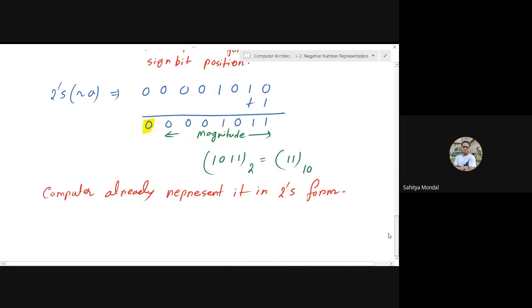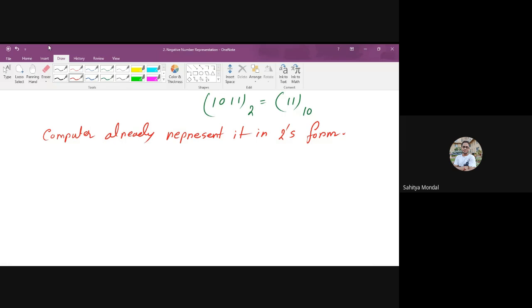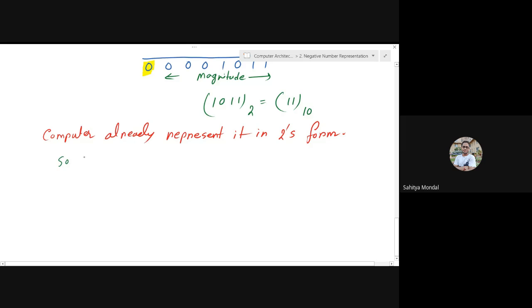So when this format specifier comes to print the output, though the computer already represents it in 2's complement form, it will give the output on the negative side.